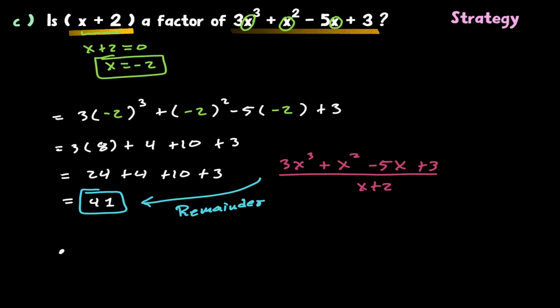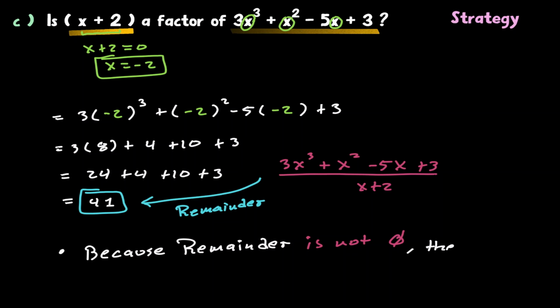Then, because the remainder is not 0, we can say that the expression x plus 2 is not a factor of the expression 3x cubed plus x squared minus 5x plus 3.